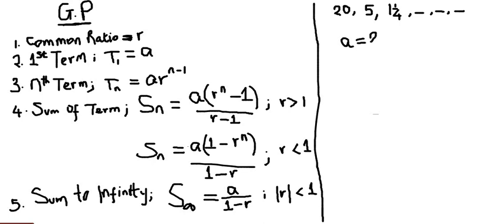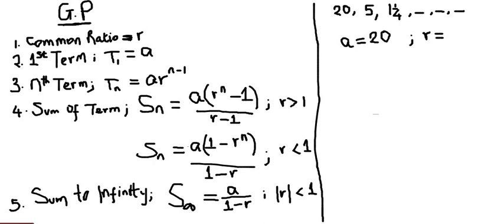The first number in that sequence is 20, and we can get the common ratio R by dividing consecutive terms. So we can divide 1 1/4 by 5, or 5 by 20, and we'll find an answer.